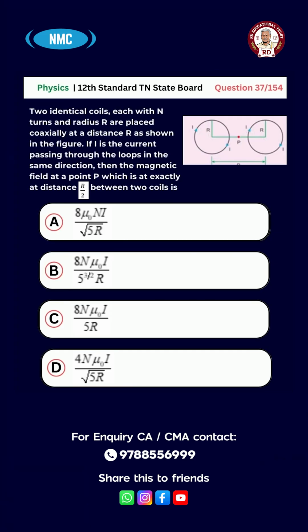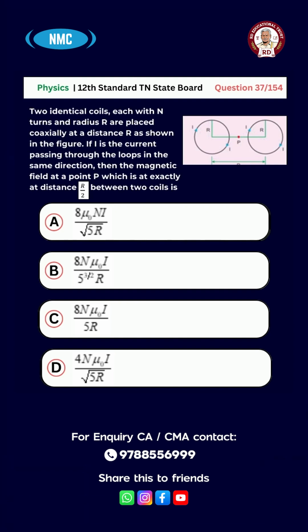If I is the current passing through the loops in the same direction, then the magnetic field at a point P, which is at exactly a distance r by 2 between the two coils, is: option A, 8n mu naught I by root 5 r; B, 8n mu naught I by 5 power 3 by 2 r; C, 8n mu naught I by 5 r; D, 4n mu naught I by root 5 r.